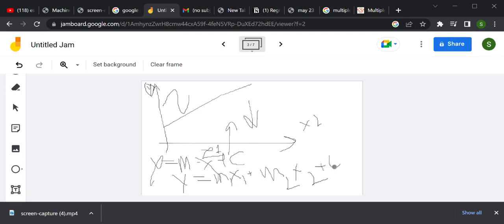Here c is the constant, that is the intercept of y, whereas m1, m2 and so on will change according to the number of variables. So the formula goes like y = m1 x1 + ... + mn xn + c. This is the formula for multiple linear regression.